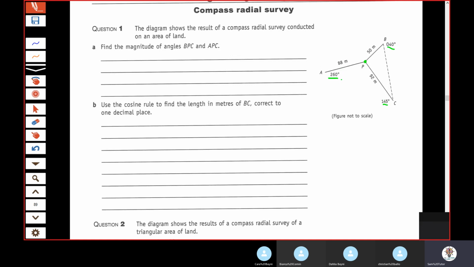The way it works is you draw your bearings. B is 40 degrees from north.